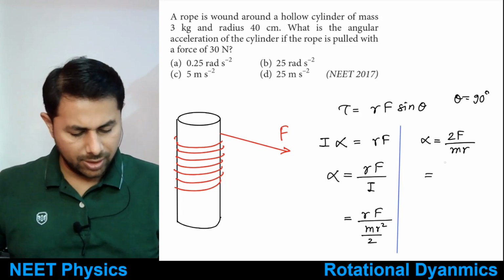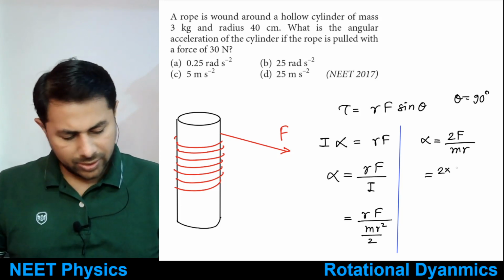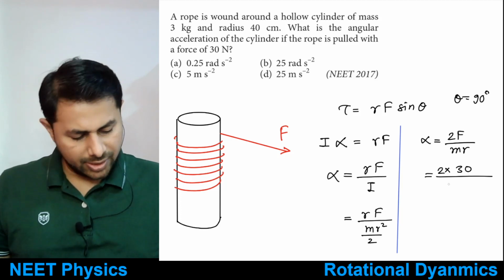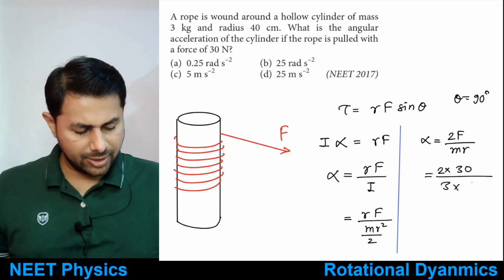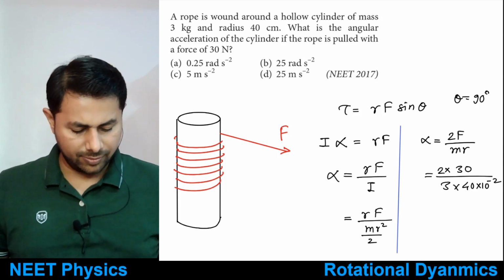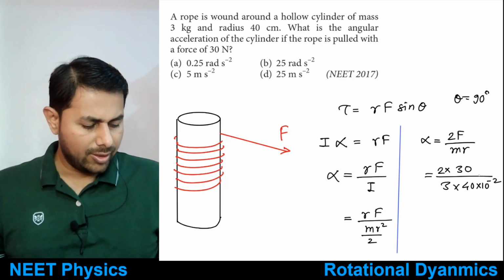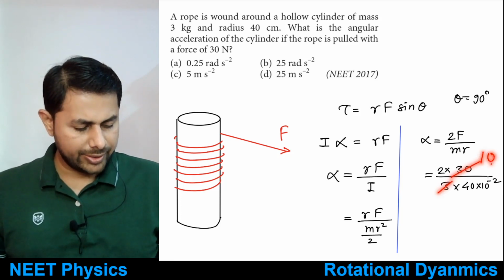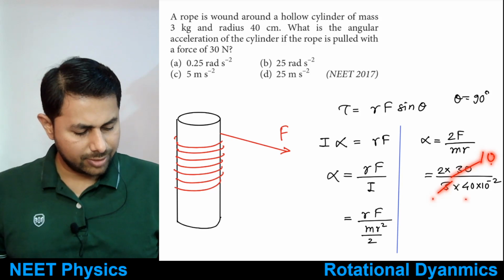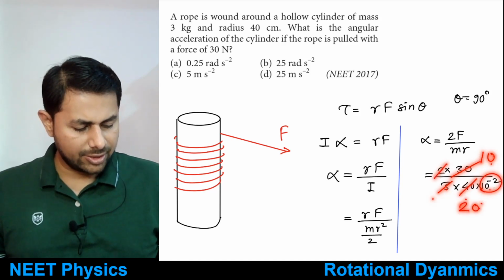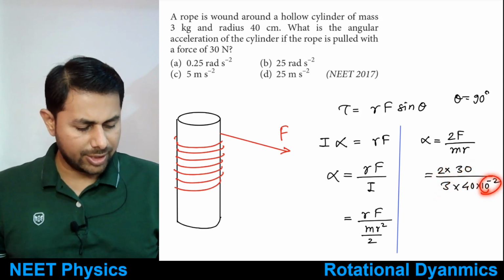Just put the values. 2 times force is 30 Newton divided by mass is 3 kg and radius is 40 centimeter, so 40 multiplied by 10 raised to minus 2. Then 30 divided by 3 is 10, 40 divided by 2 is 20. Take 10 raised to minus 2 in the numerator, so it is 10 raised to plus 2.